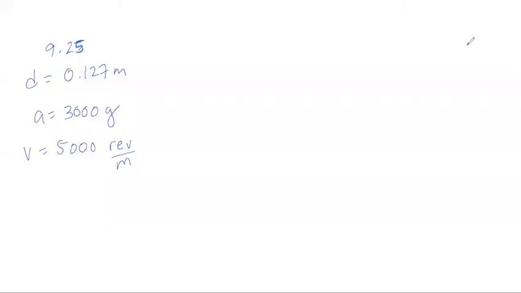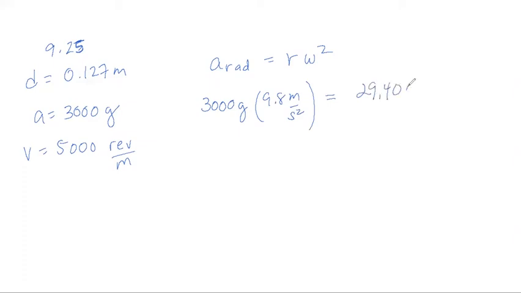Is the claim realistic? All right, so we'll do that. Okay, so we know that a radial equals R omega squared, but we've got a lot of conversion to do. We've got 3,000 Gs times 9.8 meters per second squared, so a radial is 29,400 meters per second squared. And omega, we have to convert too, because we've got 5,000 revolutions per minute.